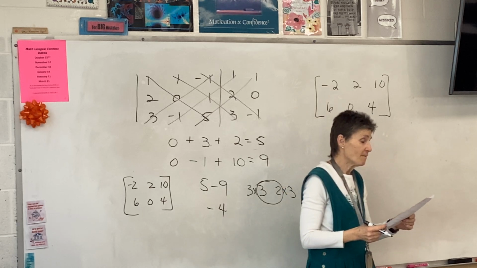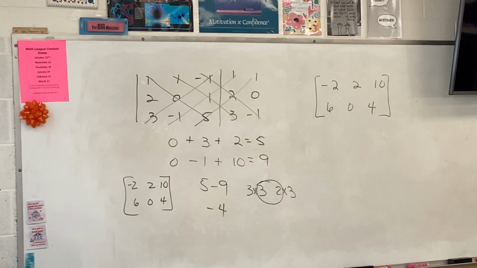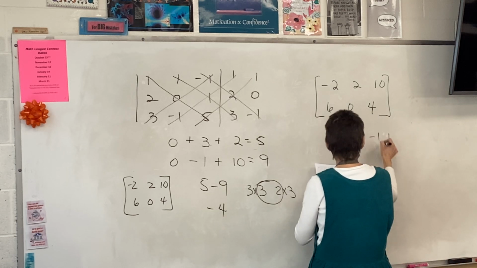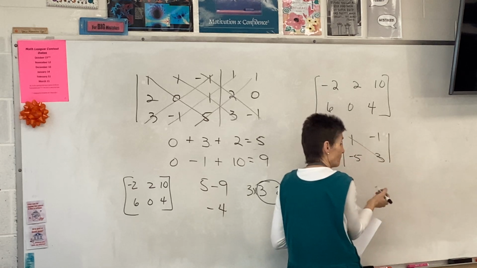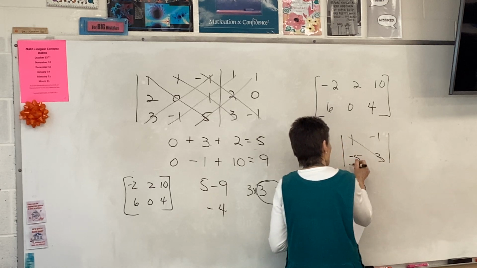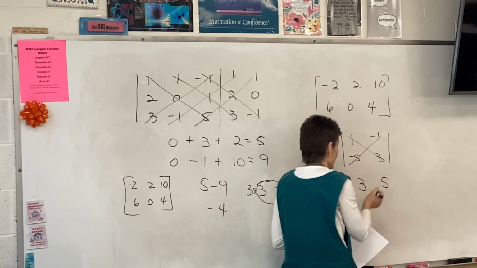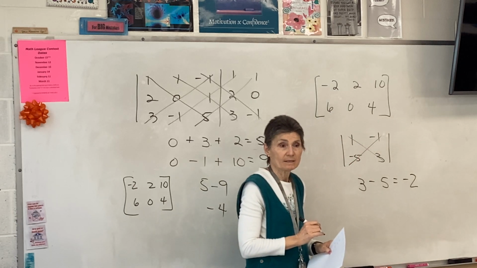K, can I find the determinant of C? Yes. And to find the determinant of a 2 by 2, we did one already, it's easy. We just multiply these and get 3. And we multiply these and get 5. And subtract. So the determinant of C is negative 2.